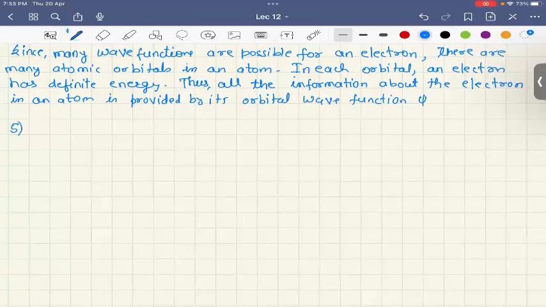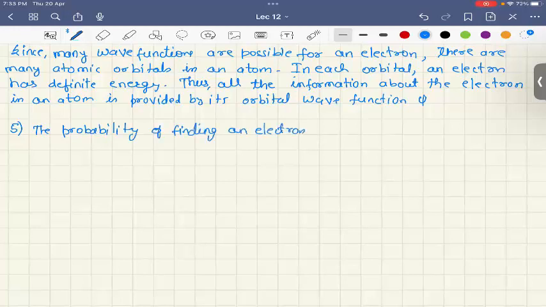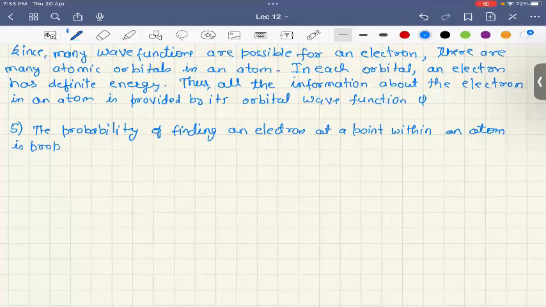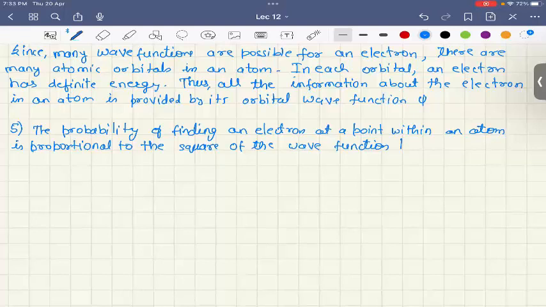The fifth point is the probability of finding the electron at a point within an atom is proportional to the square of the wave function, nothing but mod of psi square, right, at that point.